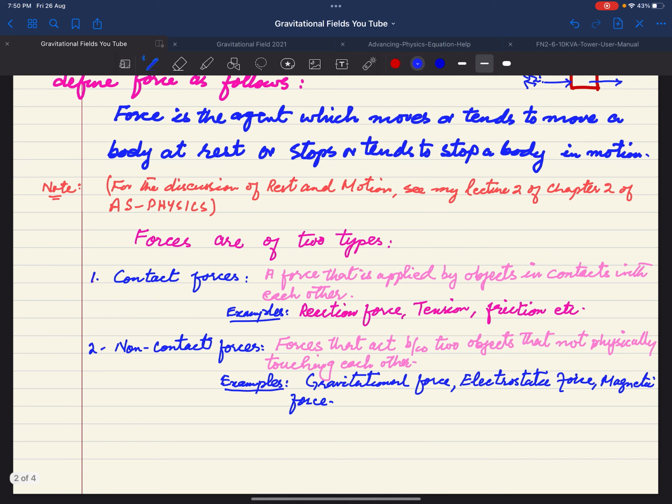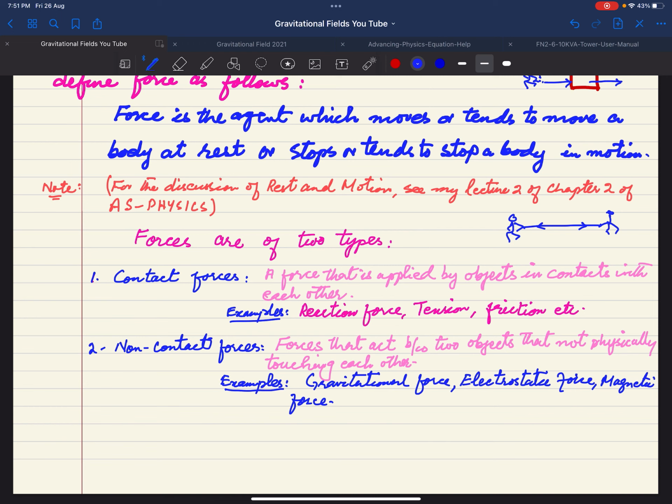Now we are discussing two types of forces. One type is the contact forces, forces applied by objects in contact with each other, like the reaction force, the tension or the friction. Suppose you have a rope and two persons pulling this rope towards each other.